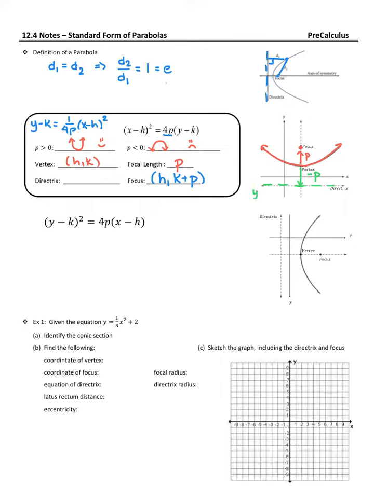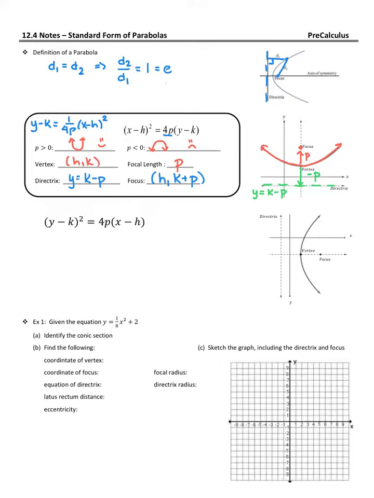So this is going to be a y equals, and if your vertex was at the origin, it would be y equals negative p. Depending what the k value is for your coordinate, it'll be k minus p. So this would be y equals, so it's just basically the exact same distance from the vertex on the other side of the focus.